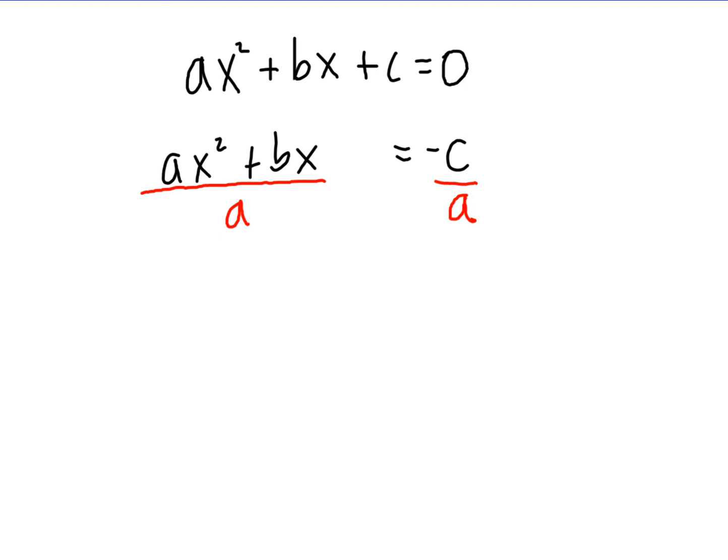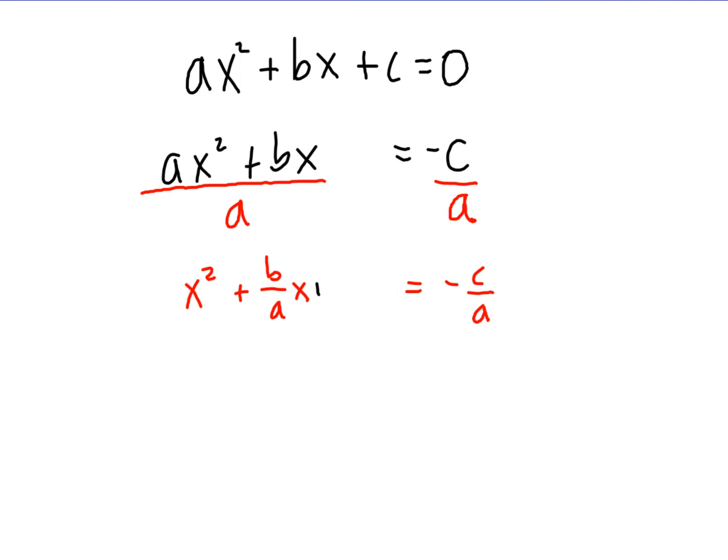And now when I divide a divided by a, it guarantees that I'll have a 1 as my leading coefficient, and that will allow me to complete the square. So now let's take a look at what I have. I now have x squared plus b over a x equals negative c over a.